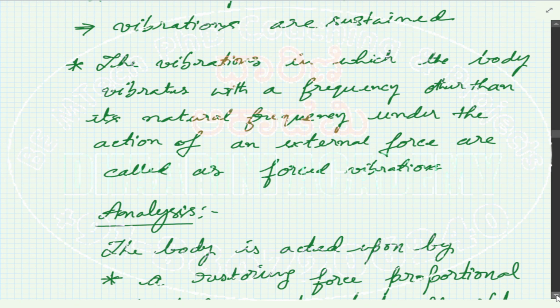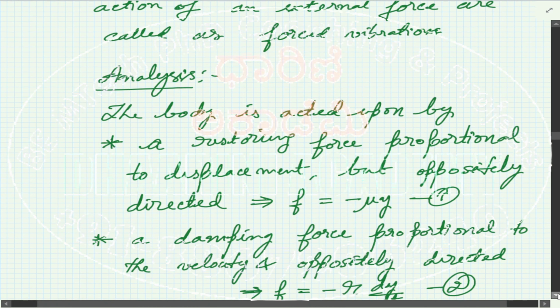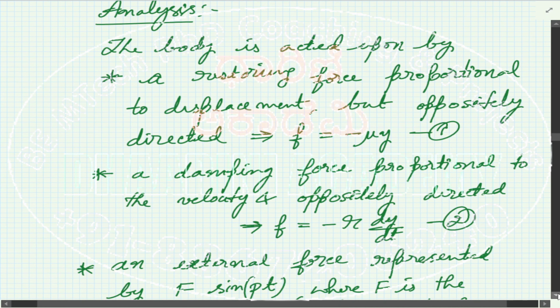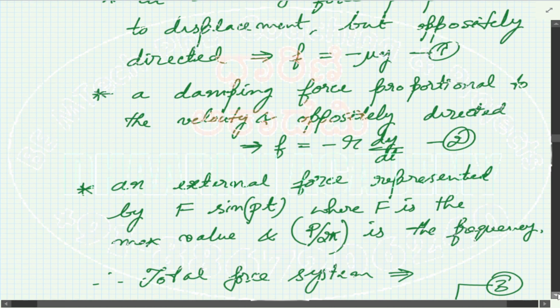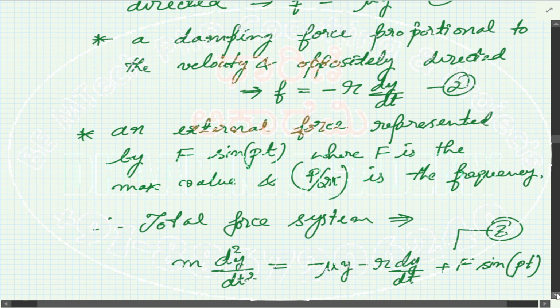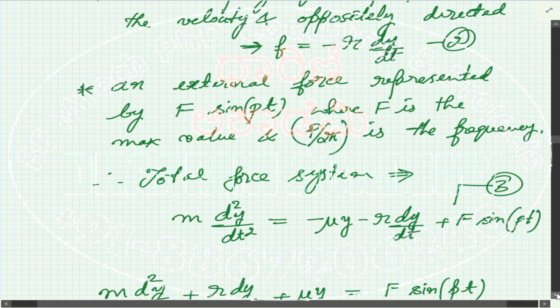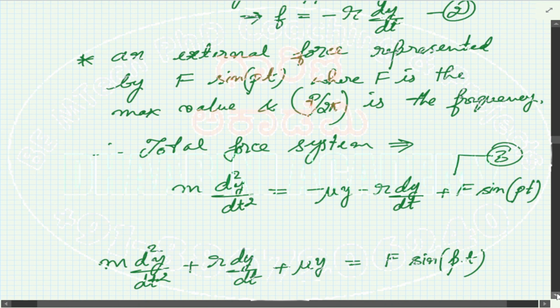The analysis begins in this way. The body is normally acted upon by three types of forces. One is the restoring force, given by F equals minus mu into y. Another is the damping force, proportional to the velocity and opposite in direction, F equals minus r dy by dt.